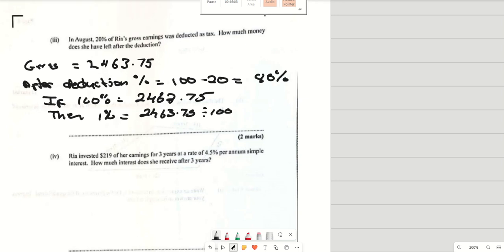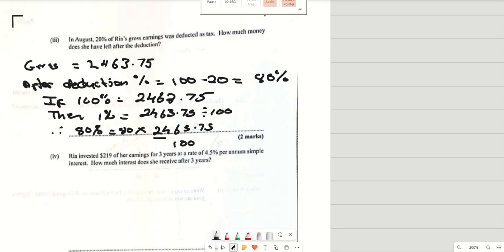You want to find for 80%, therefore 80% would be 80 multiplied by $2,463.75 over 100. All right, let's do this on the calculator.